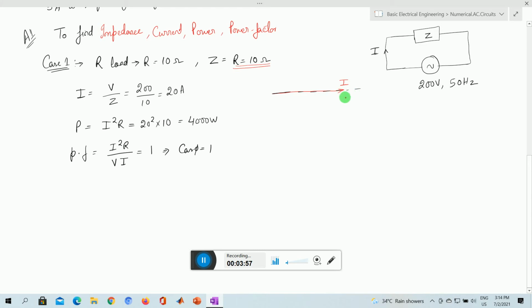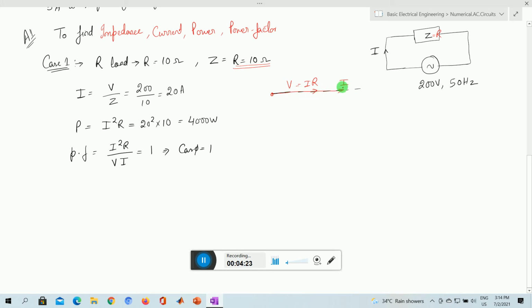Now we will work with the current only. If there is a resistance, Z is equal to R only. So I into R, there is no j term involved. I into R is obviously V. What we observe is that the voltage phasor and the current phasor are both in the same direction.